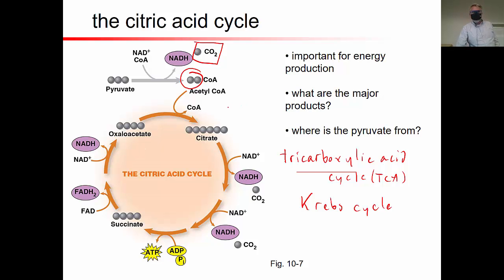This goes into the TCA cycle, and all the rest of the electrons are stripped out, producing 2 more carbon dioxides. And along the way, filling up a bunch of those dump trucks, NAD+, and also a second type of electron carrier called FAD.